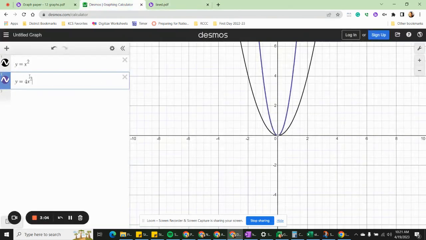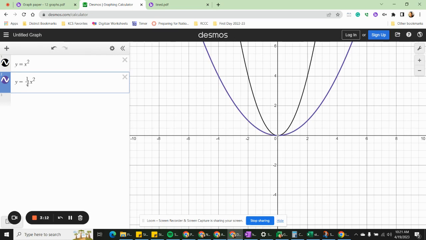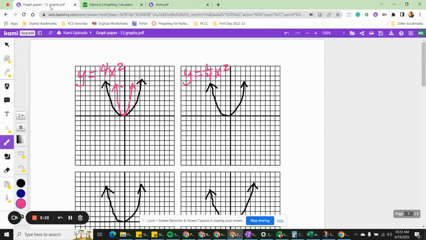I'm going to go to Desmos and erase the second one, and rewrite it as 1 over 4 x squared. And if you notice, the new one now is even wider than that original graph, than our parent graph. So I'm going to draw it on my graph paper. It's wider, draw it wider out here. That's a dilation when it gets squished or widened.